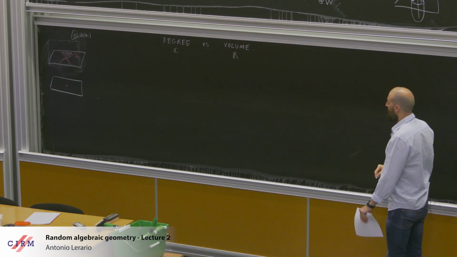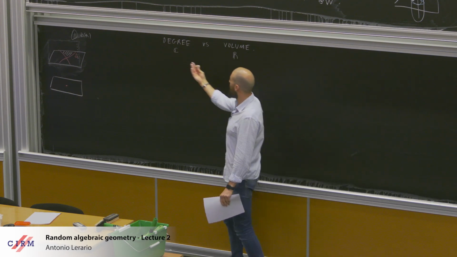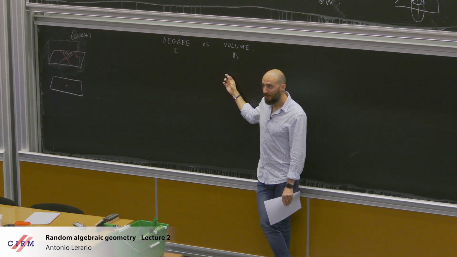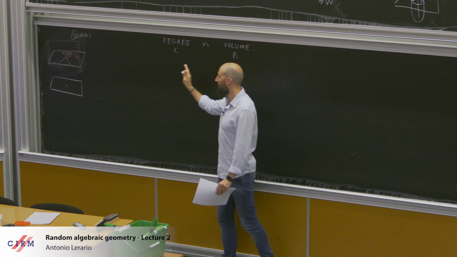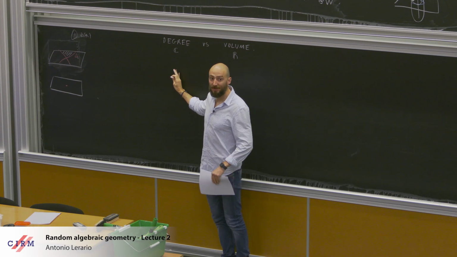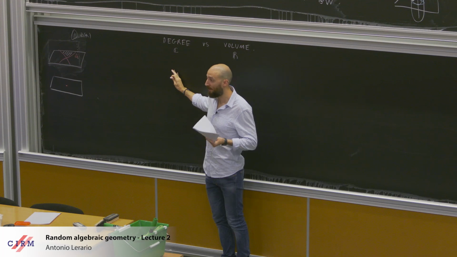Okay? So in some sense, you should keep in mind that when you pass from complex algebraic geometry to real algebraic geometry, you should not think really about degree, but volume. And over complex algebraic geometry, these two things, degree and volume, they are synonymous. And that's what I want to show you now.